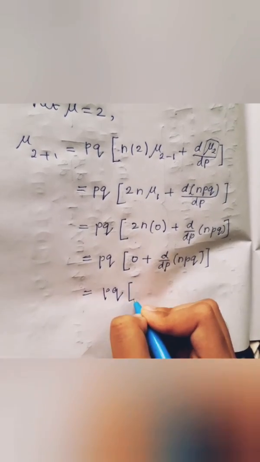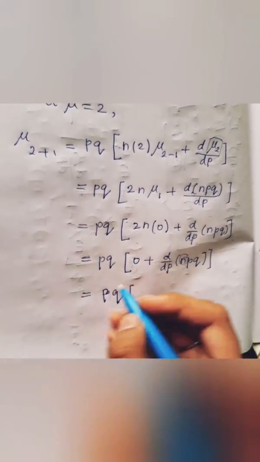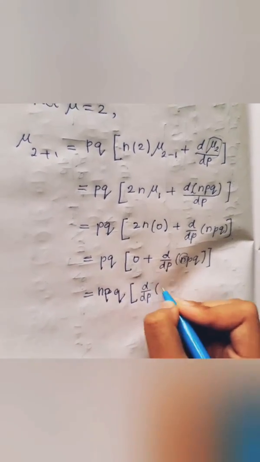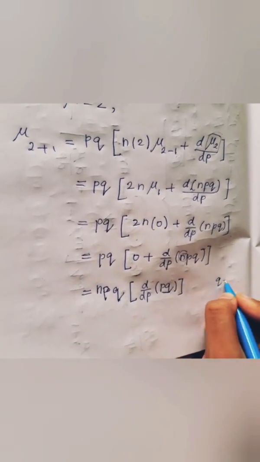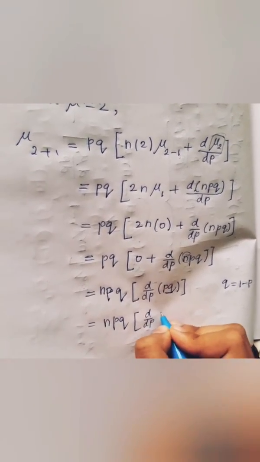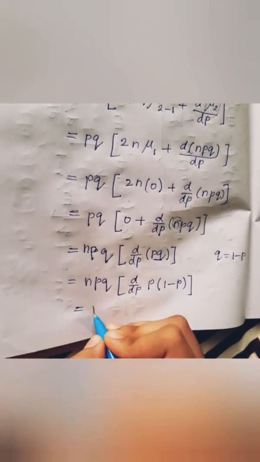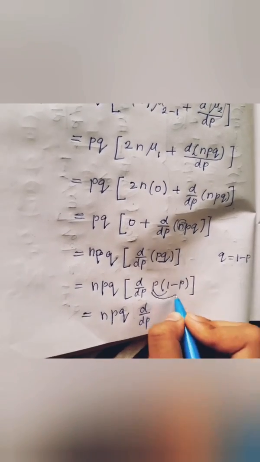We are taking n outside because it is a constant, then d by dp into pq. For q it is 1 minus p, so we are substituting that, npq into d by dp into p into 1 minus p. We are taking the p inside, so npq into d by dp of p minus p square.